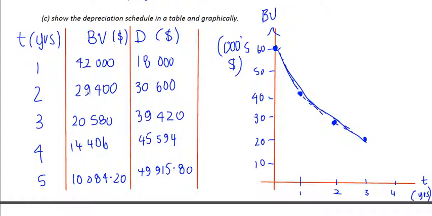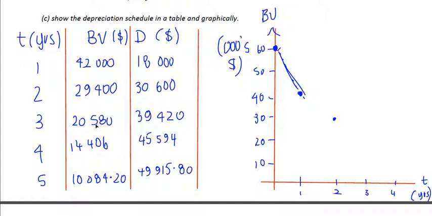Then we drop down to 29. So I'll just fix this up as I go. Might be a bit better. Okay, so 42, then 29. So it's dropped a bit. 29 is about there, isn't it?